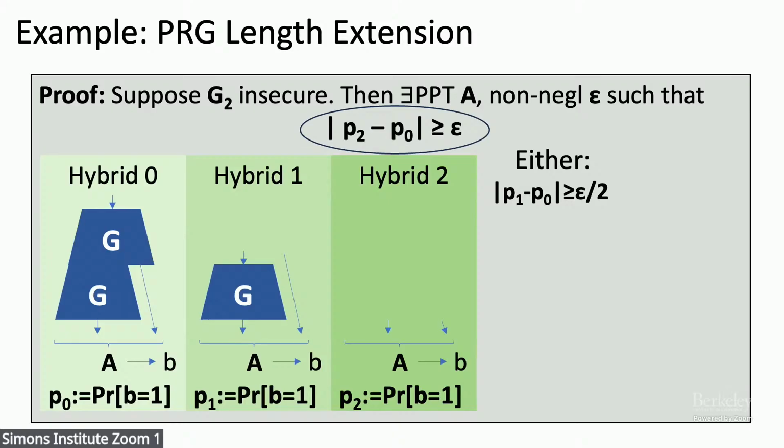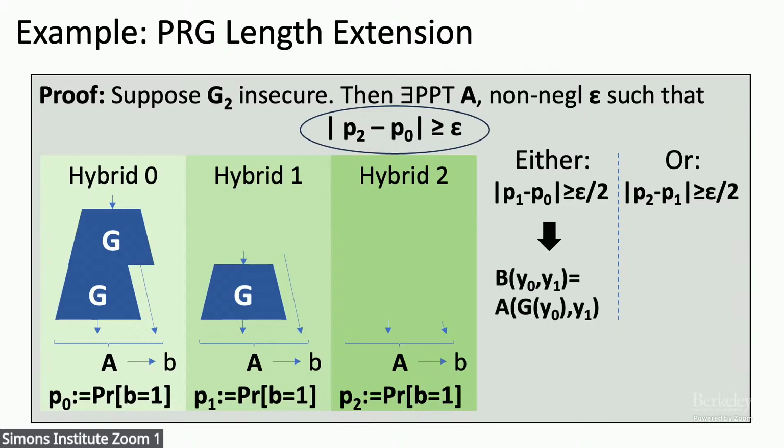Okay, so what does that mean? Well, there's two cases. We don't know what P1 is, but we know one of two things holds. Either P1 is far from P0 or P1 is far from P2. That's just the triangle inequality. If P1 and P0 are separate, we can actually turn A into an adversary B for G, as I've described there. And if P1 and P2 are far apart, we can get an adversary for G in a slightly different way.